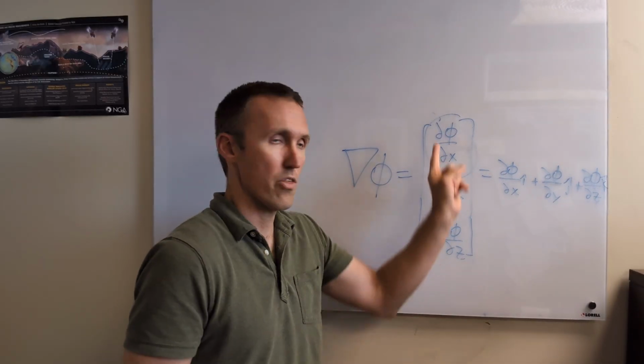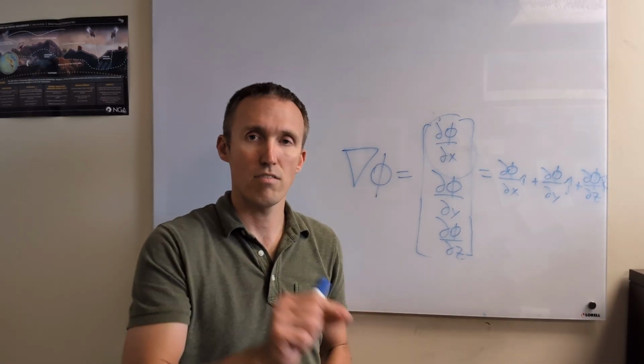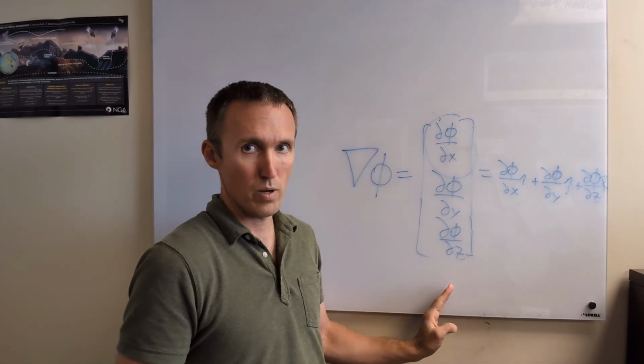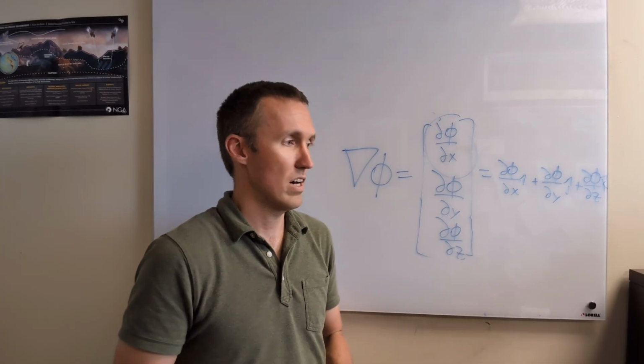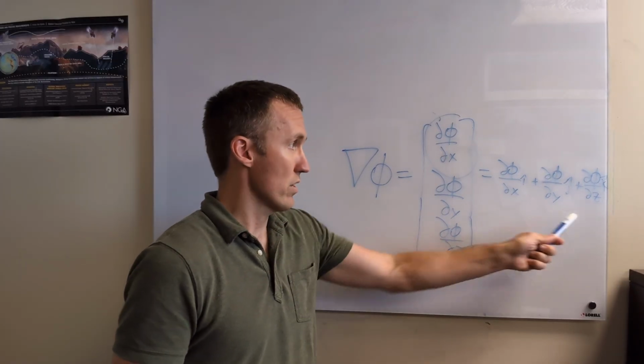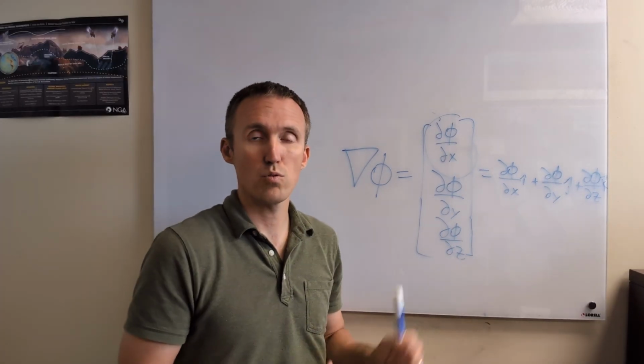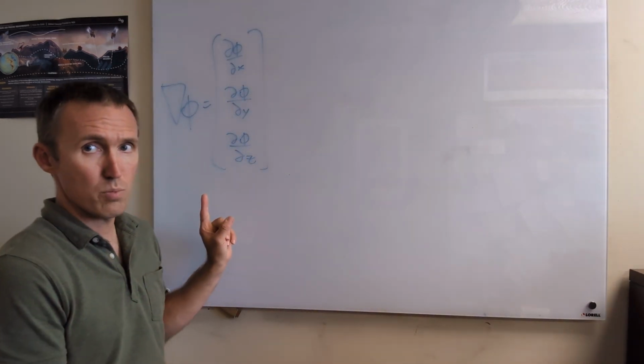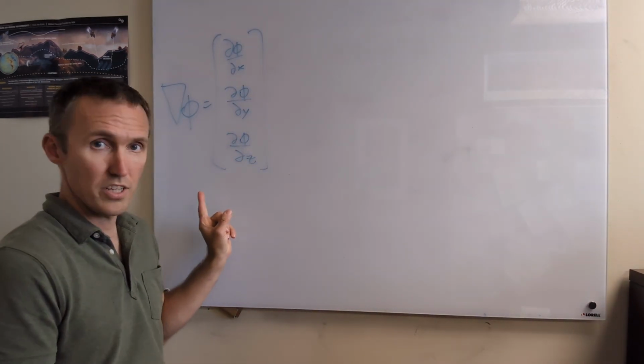So now there are 3 numbers that you need at every single point in space in order to represent the gradient of a scalar field. So we can represent it this way, we can represent it this way, but this would be the gradient of a scalar field. So I'll just put this over here to remind us that this is what the gradient definition is.